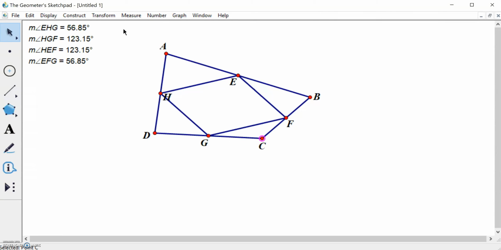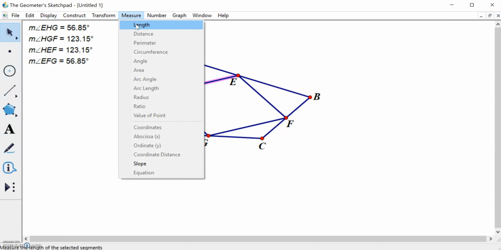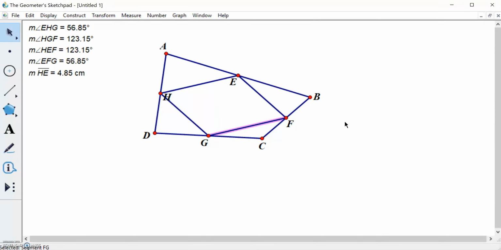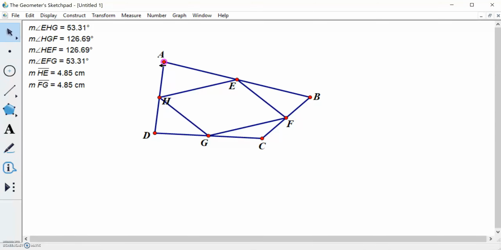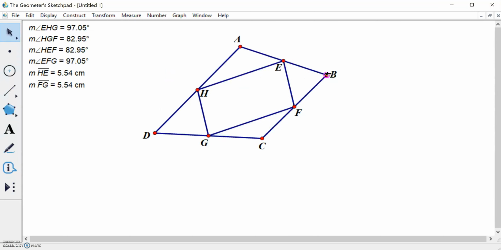We can furthermore test this by measuring each side length. We'll do this by using the pointer tool to click on the line segment, click the measure button, and then length. We can repeat this for FG and see that HE and FG are congruent in length, and this is consistent no matter how the points are dragged around.